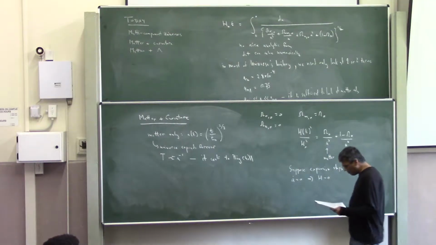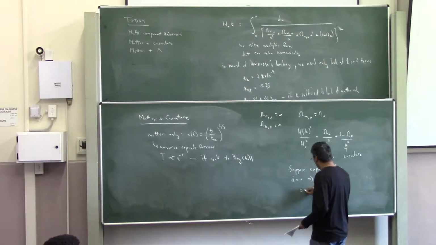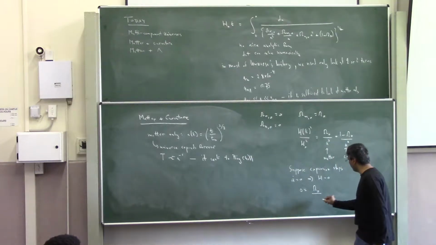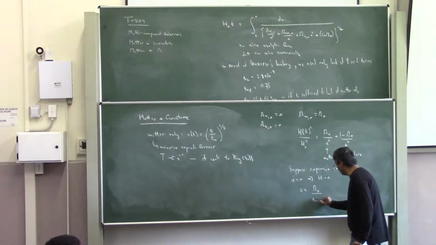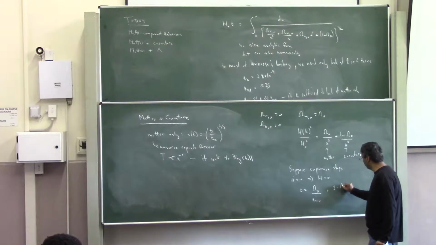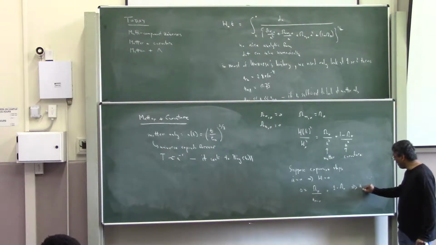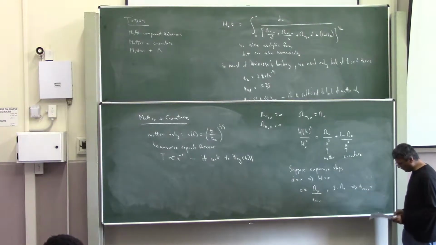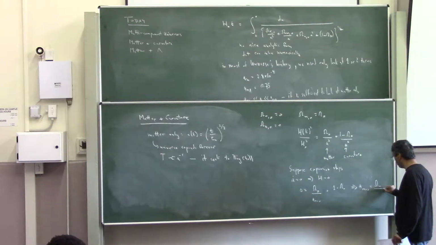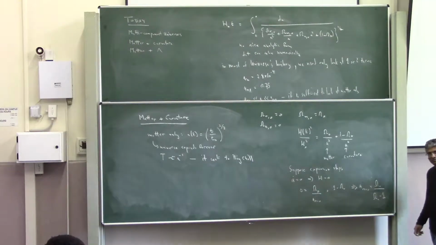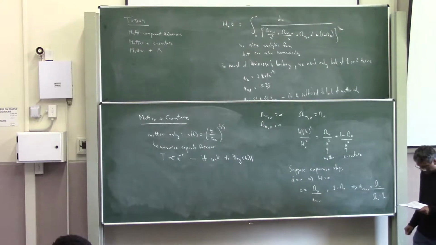At that time, the left-hand side vanishes, and we have 0 equals omega 0 over a max cubed plus 1 minus omega 0 over a max squared. Let's multiply everything by a squared. So this implies that a max is omega 0 over omega 0 minus 1. Okay?